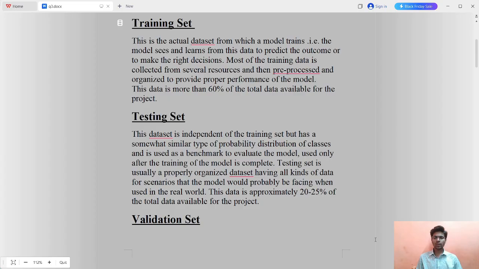The testing set is usually a properly organized dataset having all kinds of data and the scenarios that the model would probably face in the real world. This data is approximately 20 to 25% of the total data available for the project.